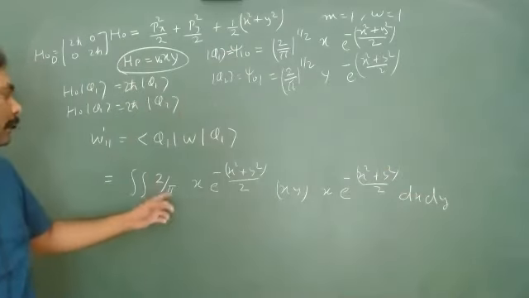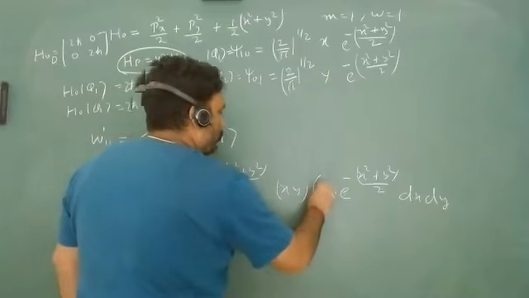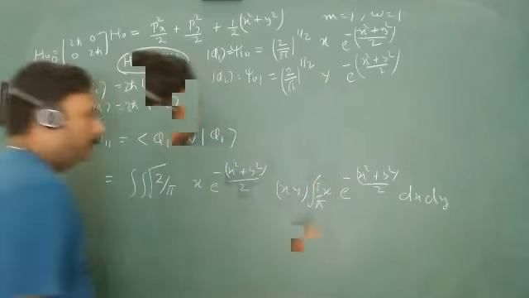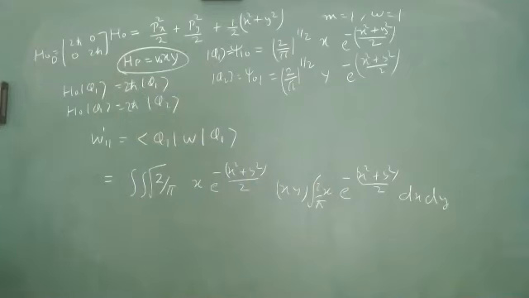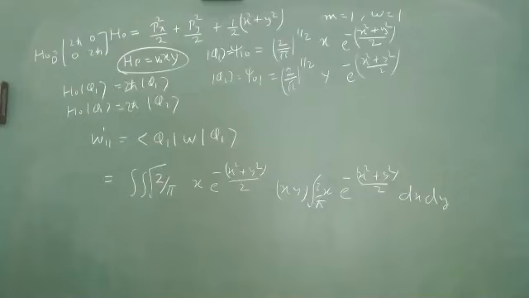So 2 upon pi, I have deliberately taken it, or you can take something like this also. Now let's go for integration. We will take the x part together and the y part together.